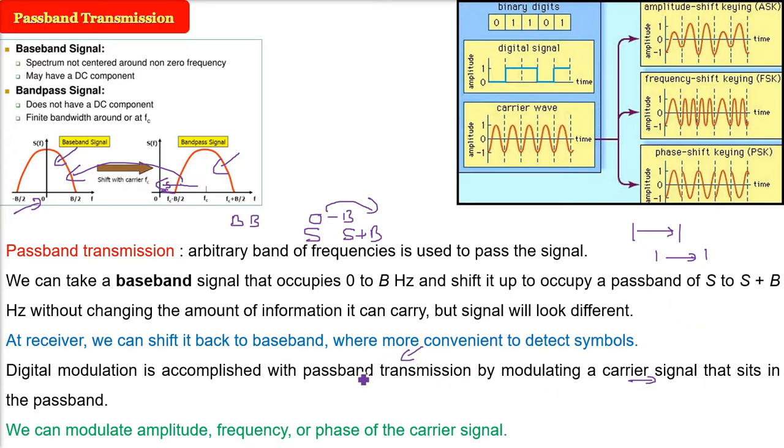So what I am trying to suggest here is, we can modulate either the amplitude, the frequency or the phase of the carrier signal. These are all the properties of any wave, carrier signal. So the amplitude change, frequency change or phase change or variation can be employed for actual digital modulation, right?